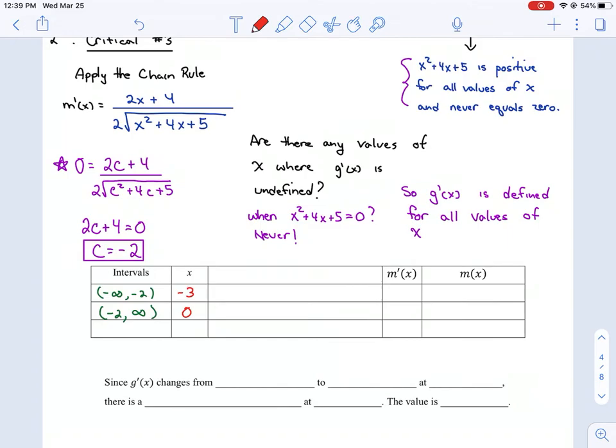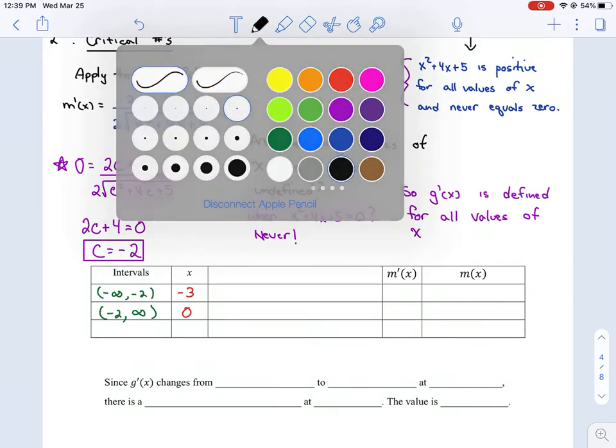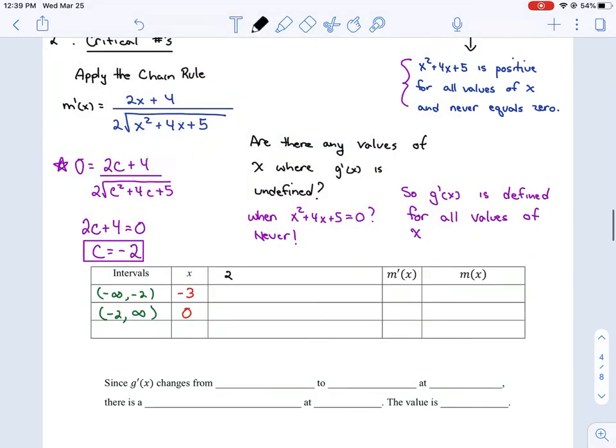Then we're going to write the derivative up here. I'm going to be very careful. I'm going to factor the 2 out of that numerator, and that's going to be divided by the square root, and that x is going to be a c. Sorry, c is going to be an x.